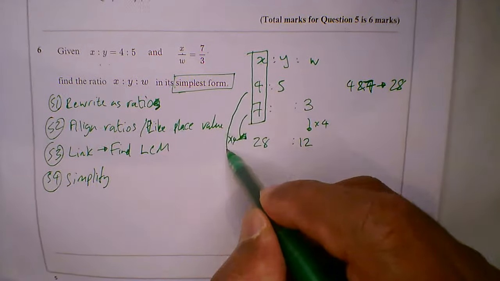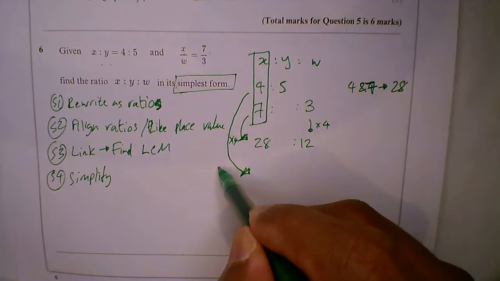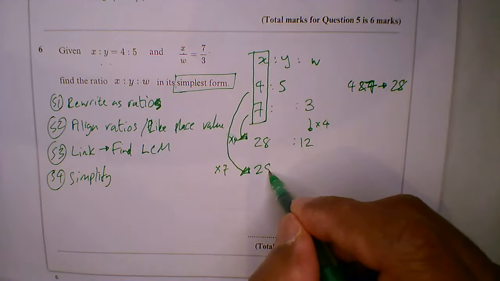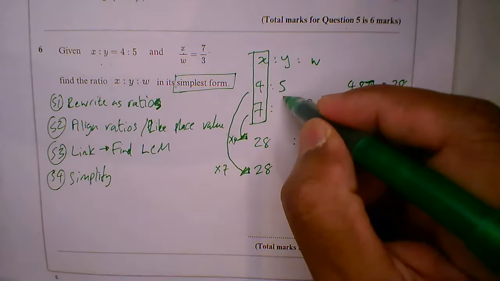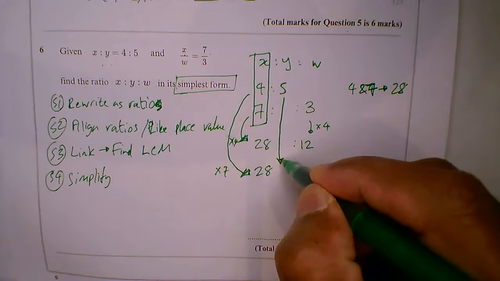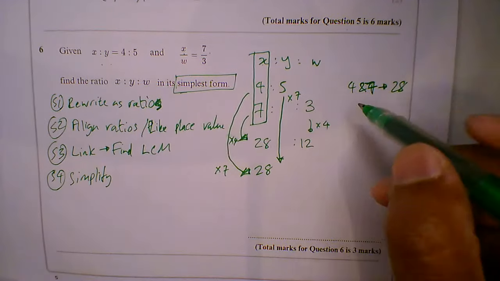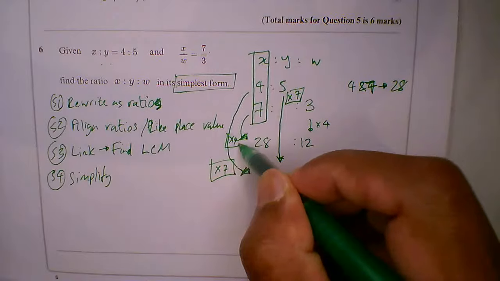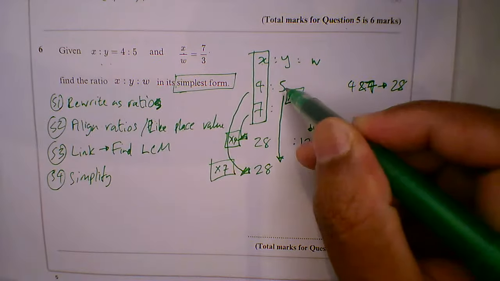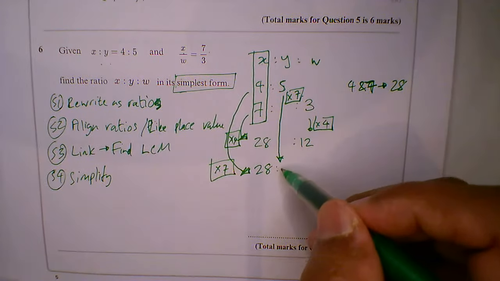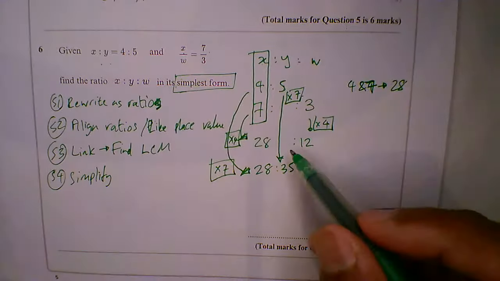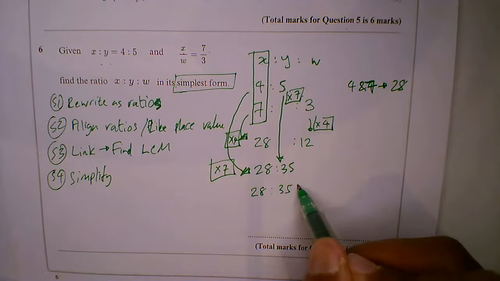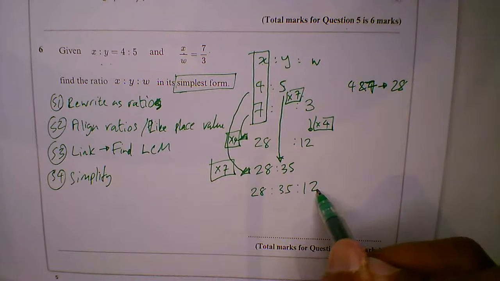And then 4 times something gives me 28, so that's going to be 7. 4 times 7 is 28. And then this one here as well, I'm going to multiply by 7. 5 times 7 is 35. So you can see I've got 28 to 35 to 12.